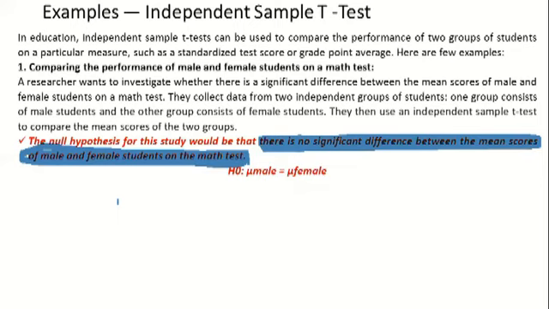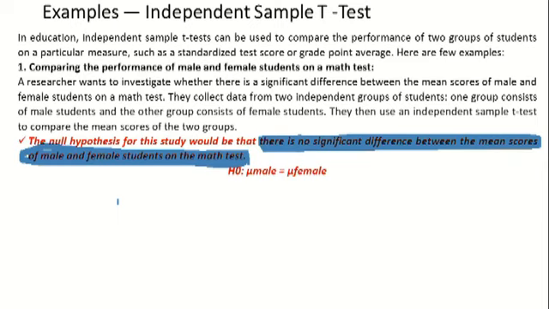But when we state the hypothesis that the mean score for male is higher than the mean score for female students on the math test, we have taken a direction.